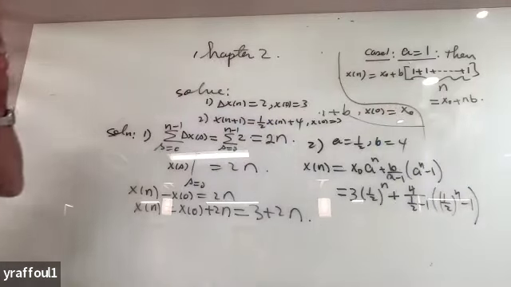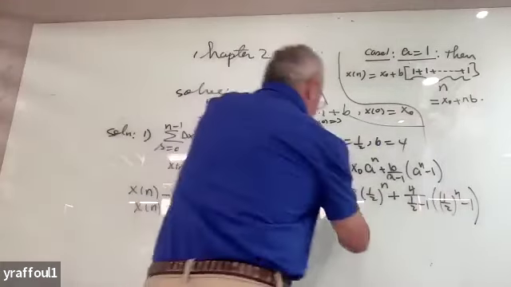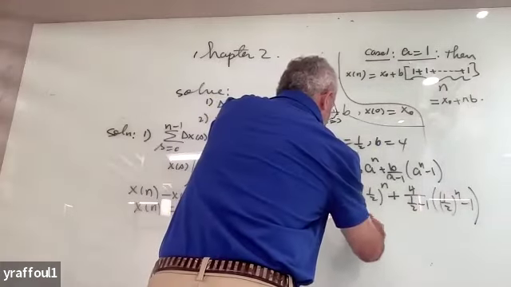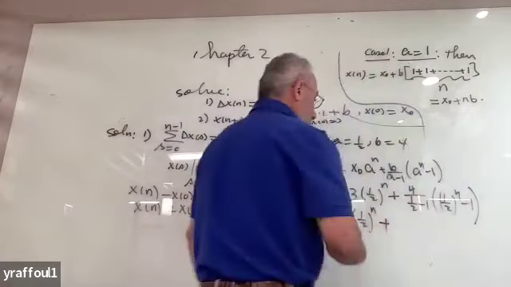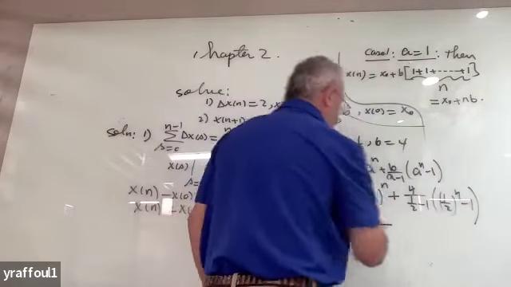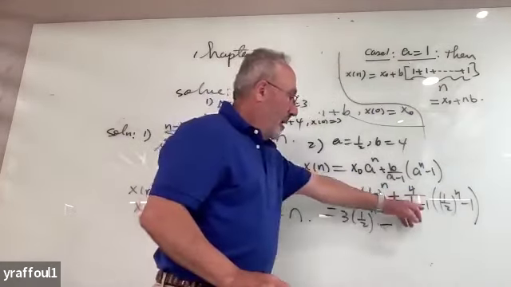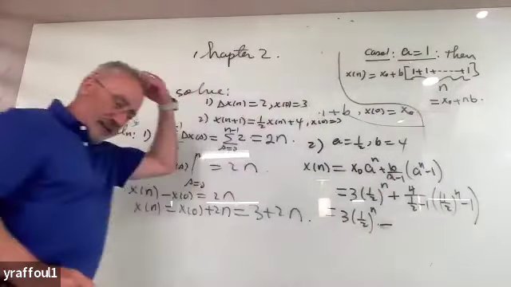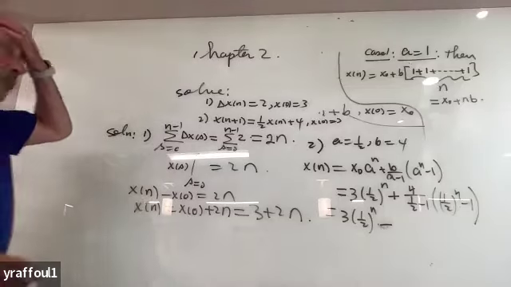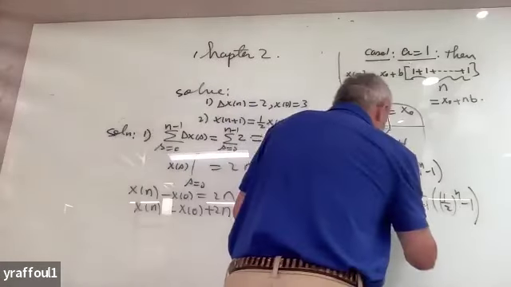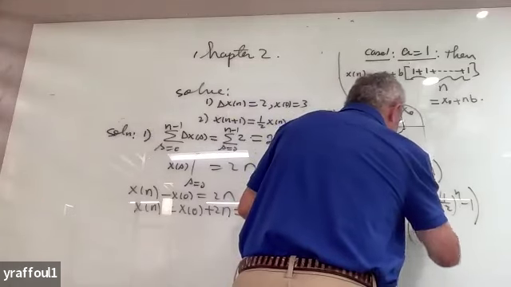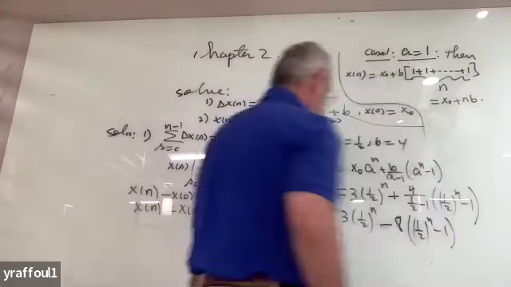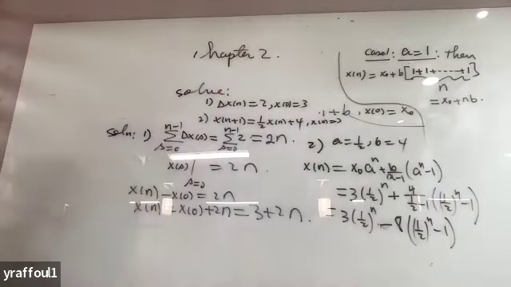Okay? And so this is 3 times 1/2 to power n, plus 4 over 1/2 minus 1, which is minus 1/2, so minus 8 times 1/2 to power n minus 1. Okay?